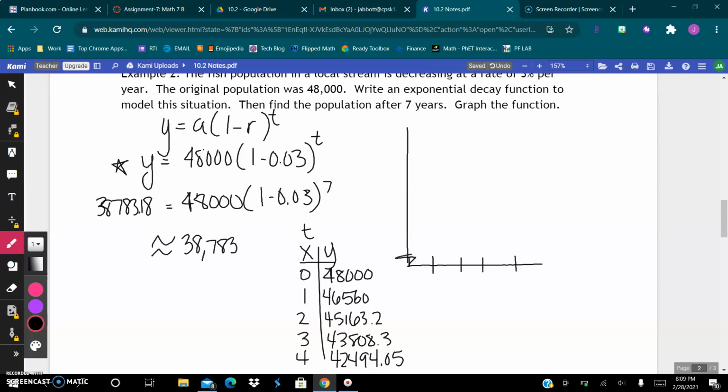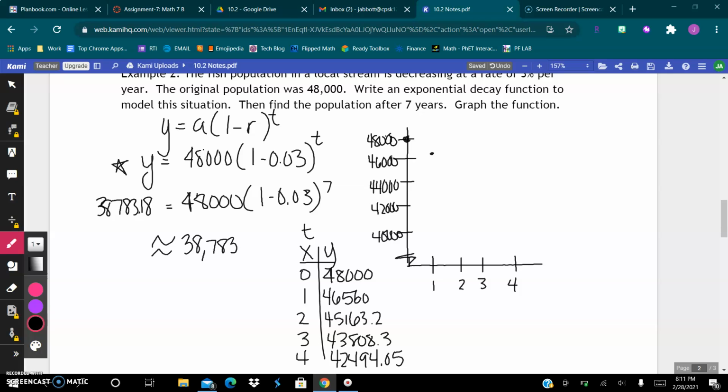So now we are going to make that squiggly again. And this time 48,000 is going to have to be our highest value up there. I went down by 2,000s here just to try to fit everything on. So our starting value was 48,000. And then our first year we were down to 46,500, so just a little bit above there.